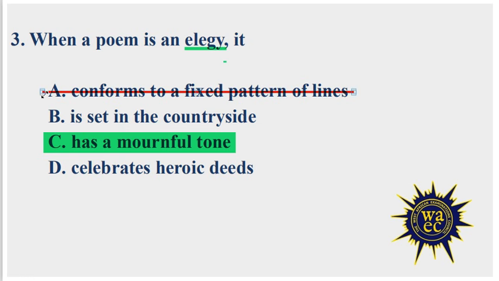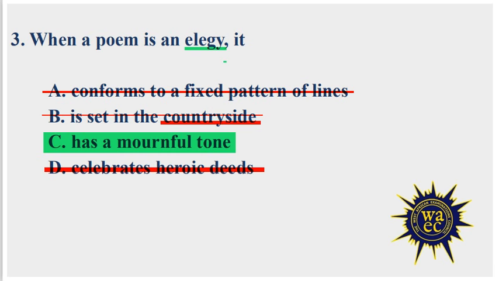So it is not option A. Option B, when a poem is set in the countryside, such a poem is called a rustic or a pastoral poem, so it is not option B. Then option D, when a poem celebrates heroic deeds, then that poem is likely to be an epic. And the question does not give us an epic, the question gives us an elegy. When a poem is an elegy, it is option C. An elegy has a mournful tone.